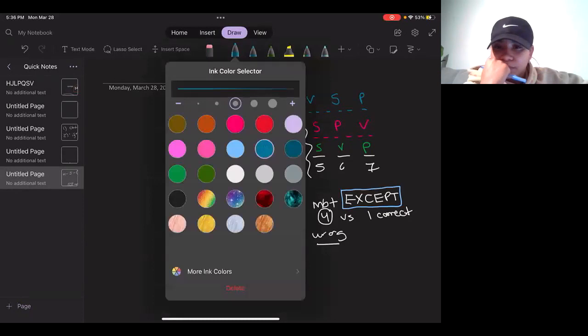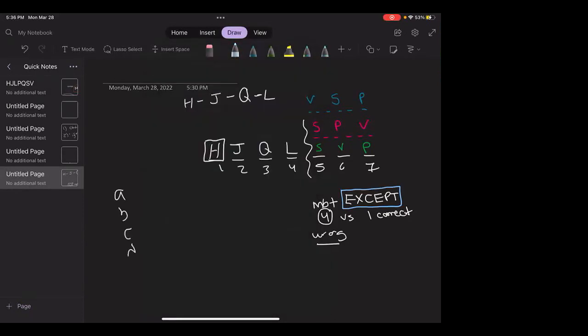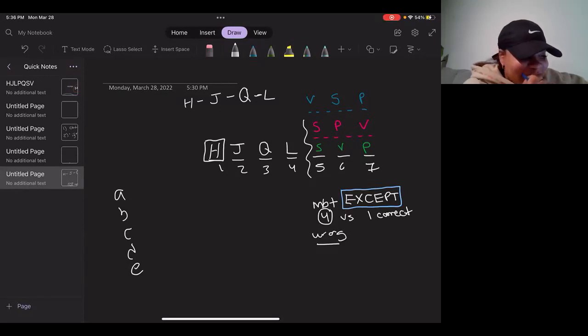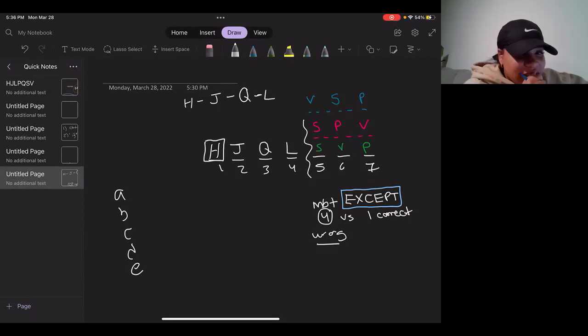Got it. Cool. So let's take a look then at our answer choices. Each of the following must be true of the ranking except. Oh my God, H is first. I honestly didn't even look at the answer choices. I've done this enough. Doesn't it have to be true that H is first? Yes. Okay. Let's put our boxes.